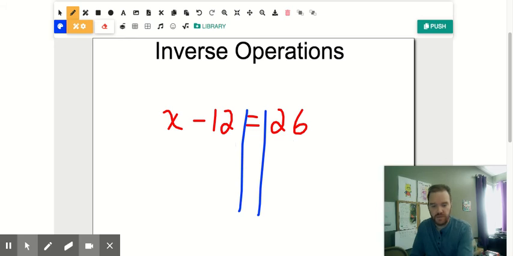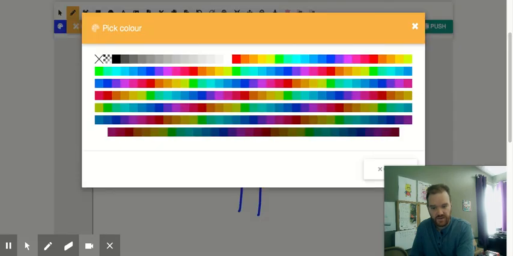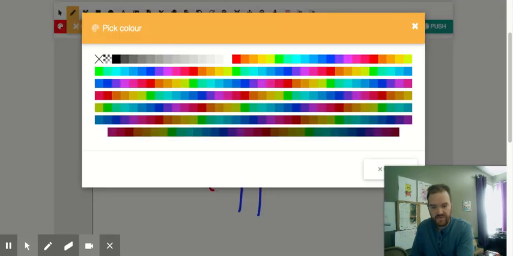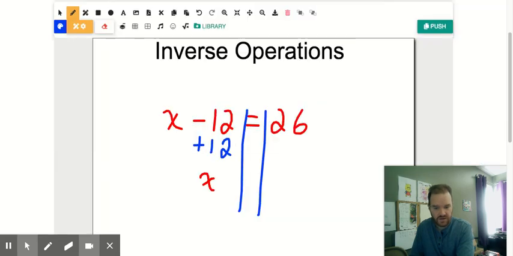Here I look at my operation, which is minus 12. So my inverse, my reverse operation of that is going to be addition. I'm going to add 12 on this side, and that ends up giving me the x all by itself. But whatever I do on one side, I have to do on the other side, so I have to add 12 over here.